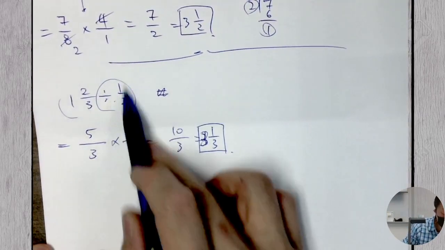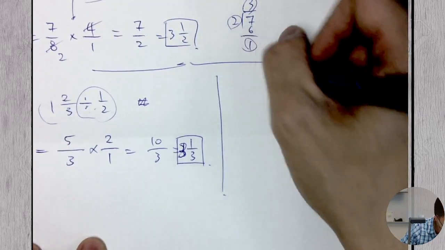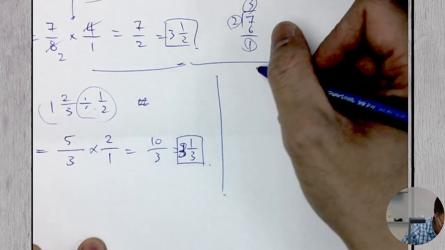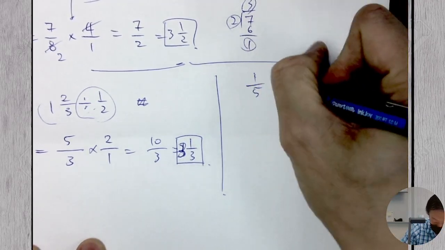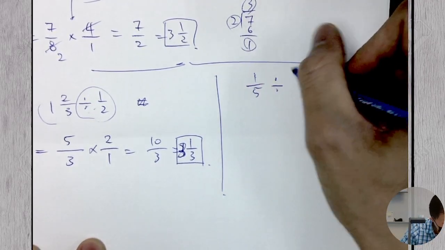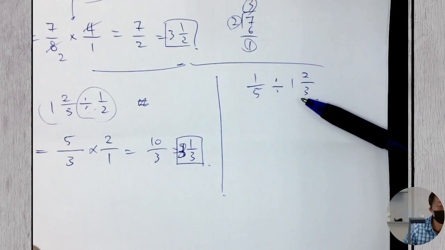What if you have a mixed number on the other side? Say for instance you have 1 over 5 divided by 1 and 2 over 3. What do you do then? How do you get this mixed number to walk on its hands?